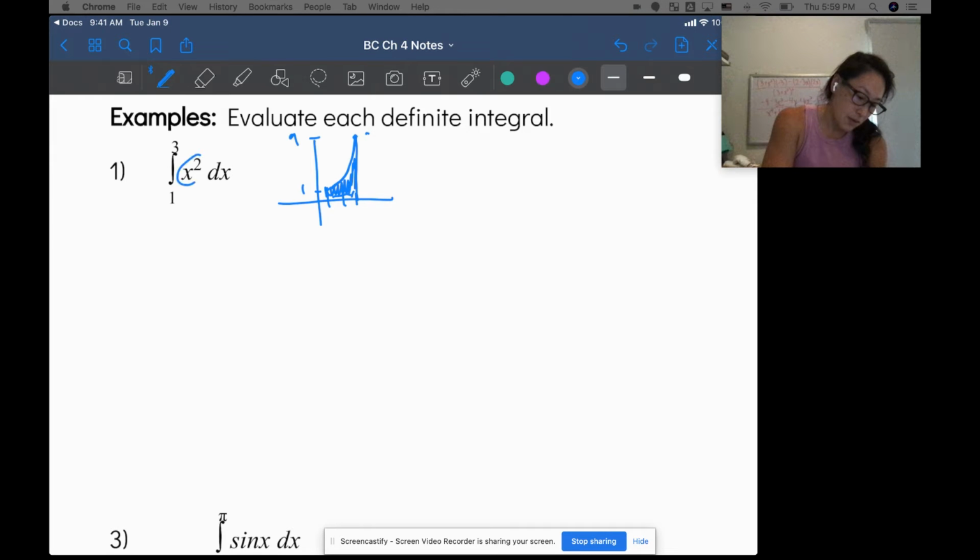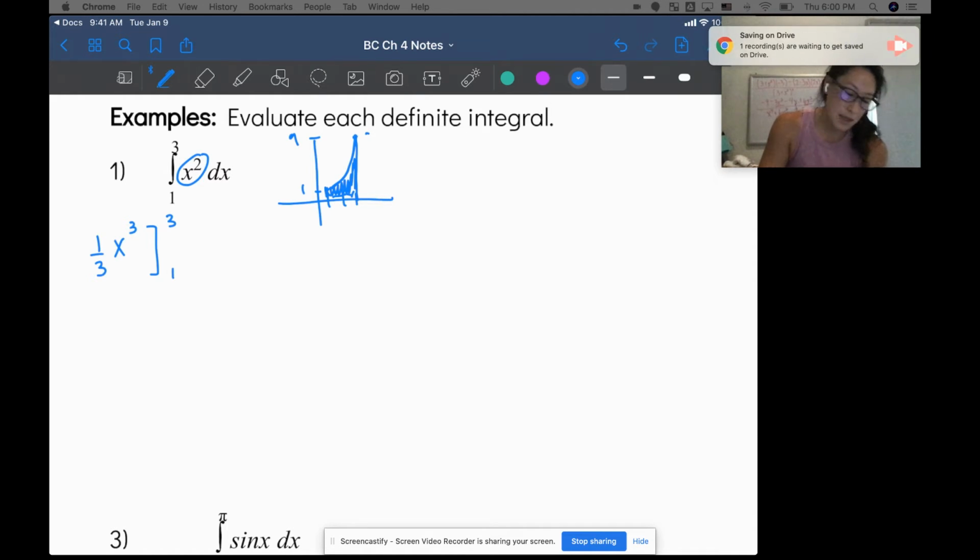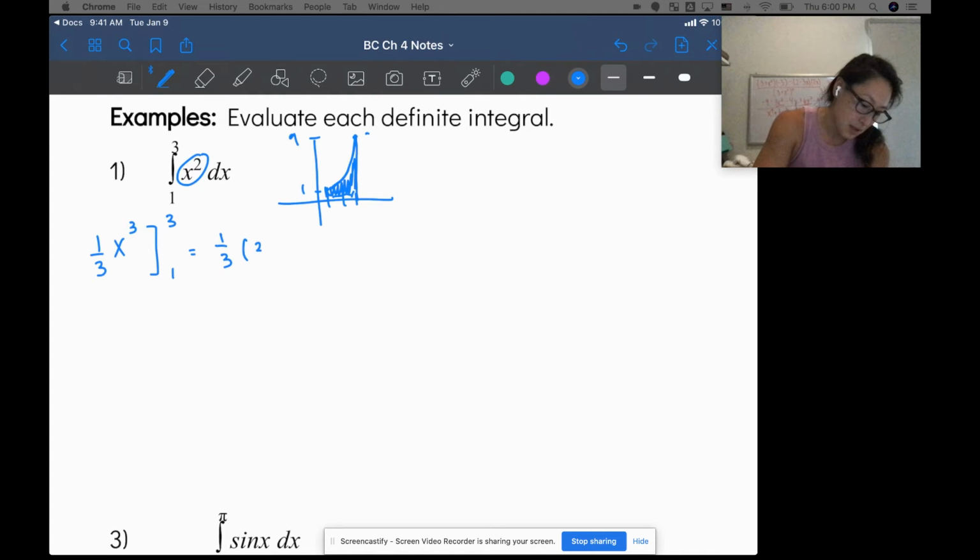The antiderivative of x squared is 1/3 x cubed. Usually we have to write plus C, but what we're going to do is evaluate from 1 to 3. So we evaluate with our bounds: 1/3 times 3 cubed minus 1/3 times 1 cubed.